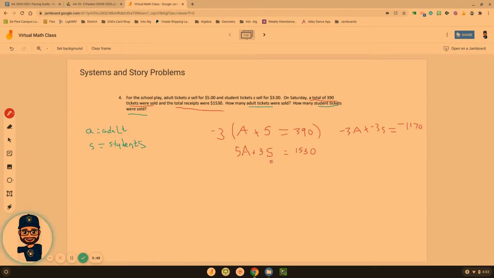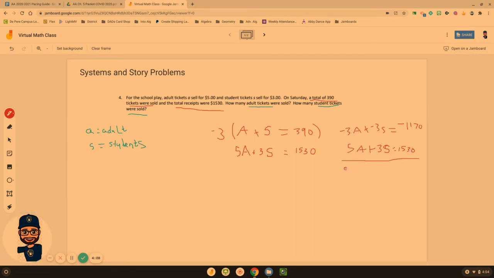I'm not going to do anything to the second equation, so that I can use elimination, because now the S values will eliminate if I add the two equations together.